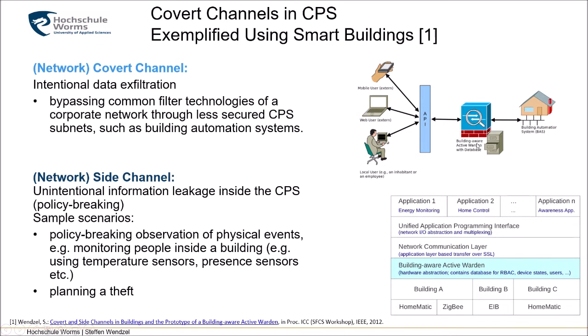It's like a middleware. And so, like shown here below, you can have different applications that are used by different users. And you have some hardware abstraction, and the building-aware active warden decides whether you can access a certain device in a reading or writing fashion. Depending on multi-level security setups, it's different to categorize whether you read or write something.